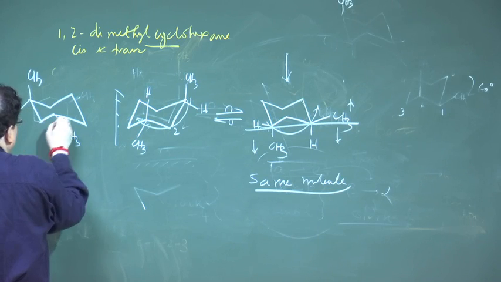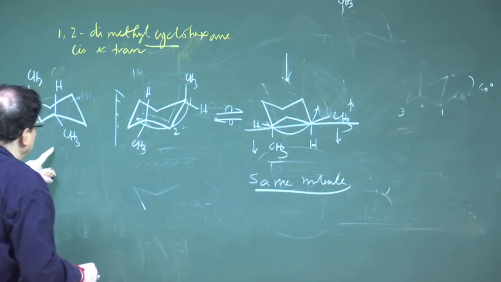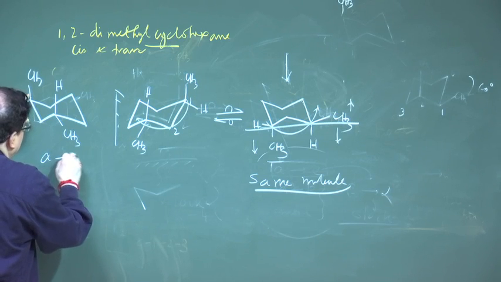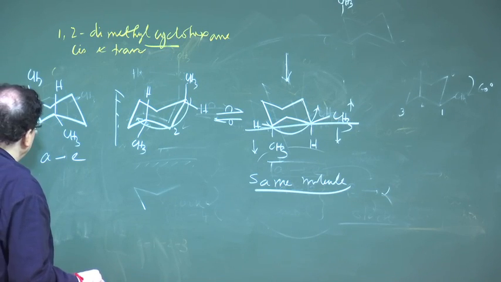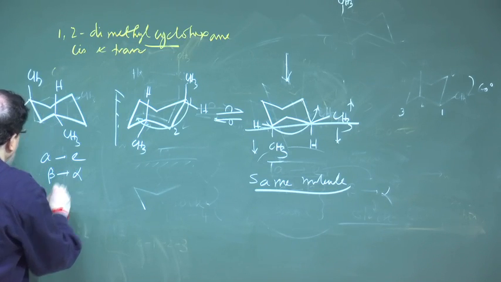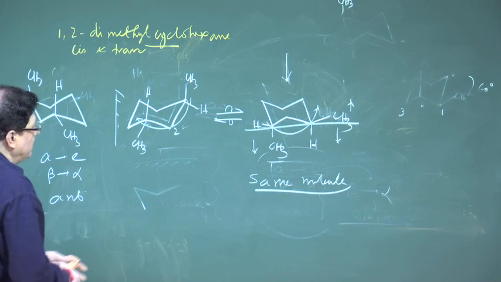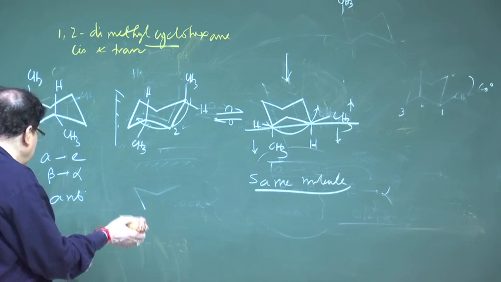Apply your mnemonic device that I have given you. Now, whether this mirror image is same with this, what you do? You go from axial to equatorial, then it goes from beta to alpha, and the direction is anti-clockwise.